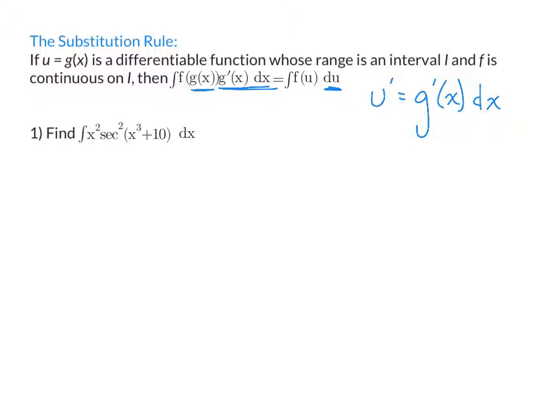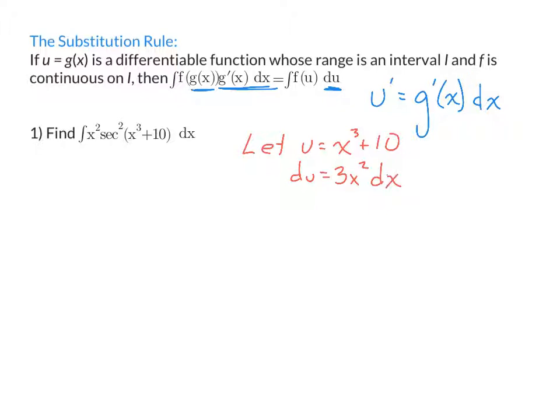So in example 1, I have the integral of x squared times secant squared of x cubed plus 10 dx. Now, my function within a function, inside the secant squared, is x cubed plus 10. So I'm going to let u equal that function inside the function, x cubed plus 10. Now, if I do the derivative of that, that's 3x squared, and then the plus 10 becomes 0, times dx.